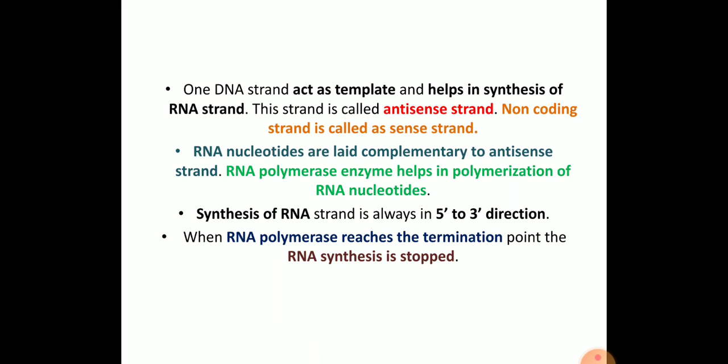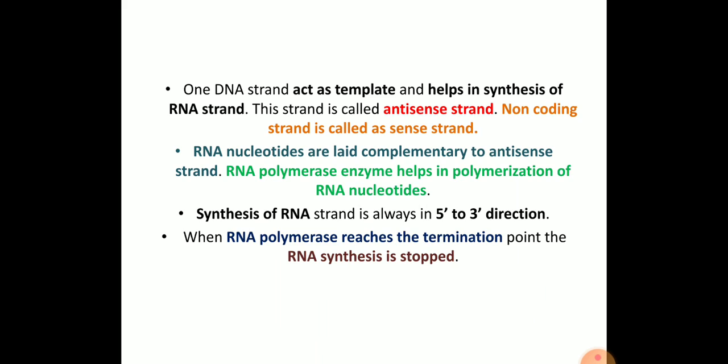The synthesis of the RNA strand always takes place in the 5' to 3' direction. During this polymerization, RNA polymerase reaches the terminator region, and there the RNA synthesis is stopped. These are the very important steps that come under transcription.